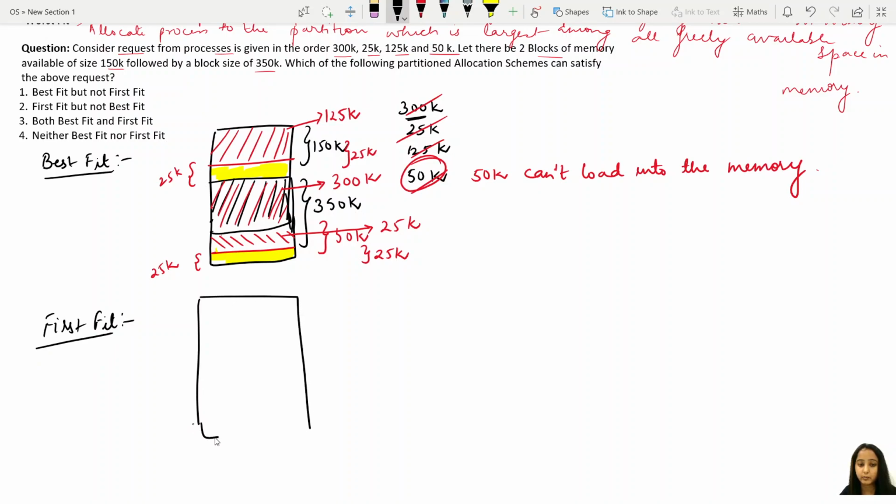I have the memory block. The memory block is divided into two parts. First is 150K, next is 350K. Here also requests came in the order 300K, 25K, 125K, then 50K. So the first process came.